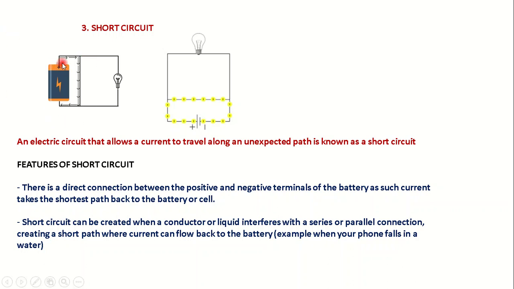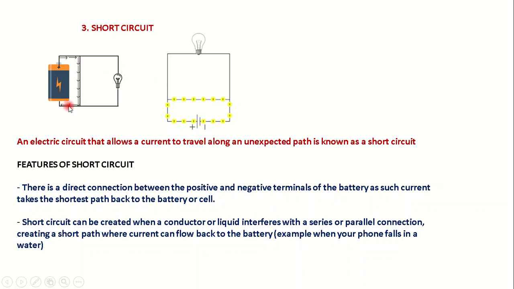Now you should know that current will always want to take the shortest possible path. And if you provide one, let's say using a conductor, instead of having a single loop here and then you just use a conductor to connect these two, it simply flows through the shortest path, leaving this bulb not to light at all.